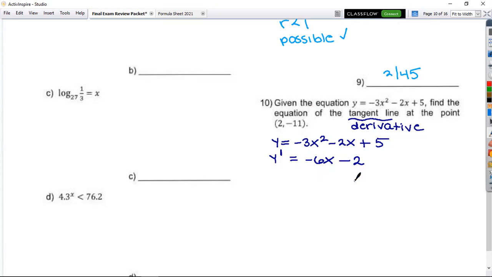Good. The next thing you're going to do is find the slope. So to find the slope, you are going to replace the x with the 2 from the question. So you're going to sub in x equals 2 into the derivative.